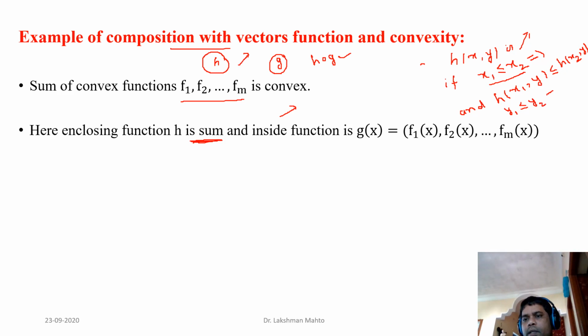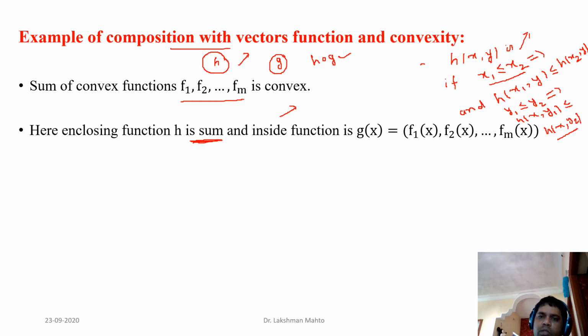Take any two values y1 and y2 from the domain such that y1 is less than y2, and it implies that h of x, y1 is less than or equal to h of x, y2.